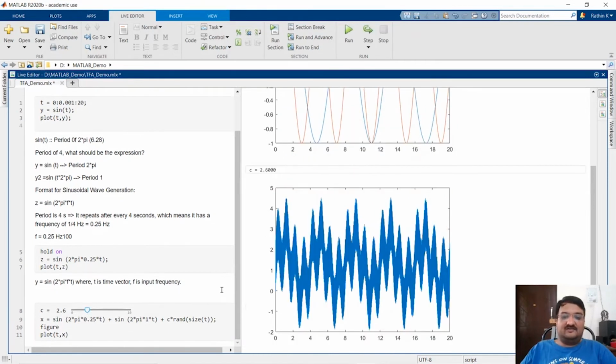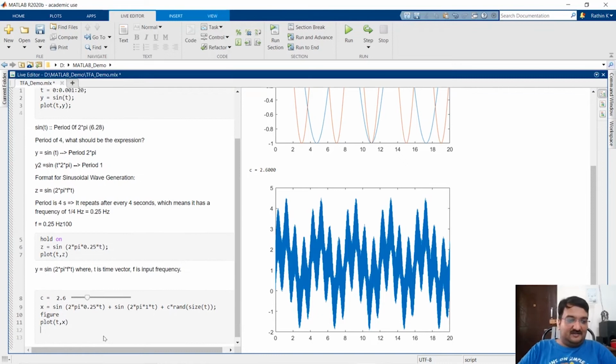So how to remove this noise? I showed you that we can use moving average, right? So let's get the moving average. Again, you can define a moving average shift accordingly. We can put it as, again we'll put a slider.